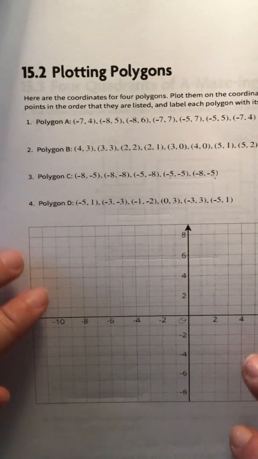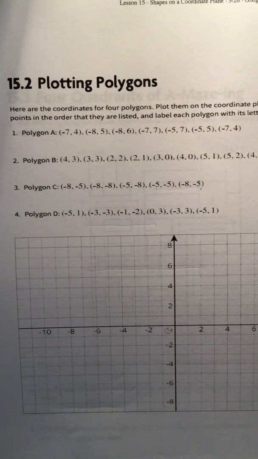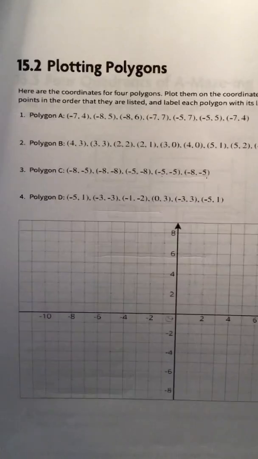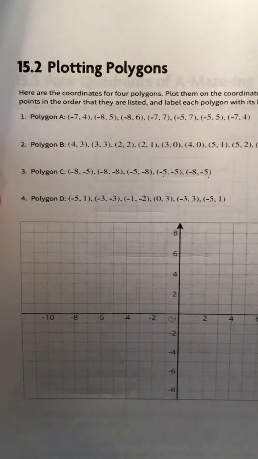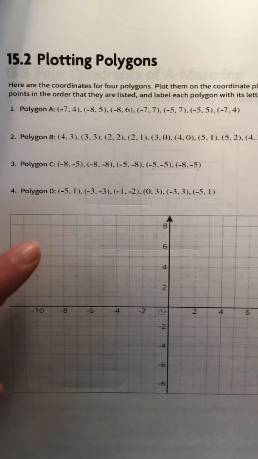All right, the next activity, it says plotting polygons. It says here are the coordinates of 4 polygons. Plot them on the coordinate plane, connect the points in the order they are listed, and label each polygon with its letter name. Okay. So the first one is polygon A, and it says -7, 4.